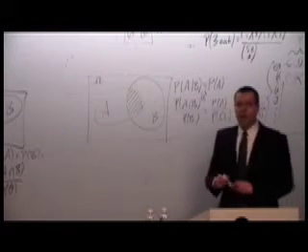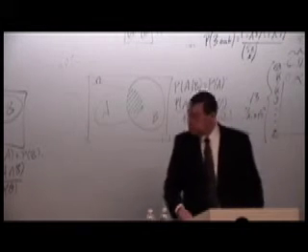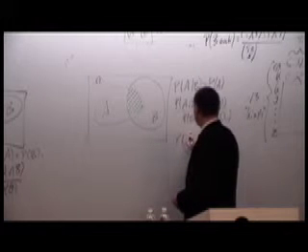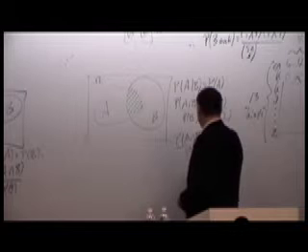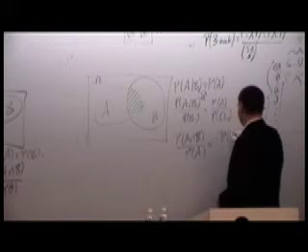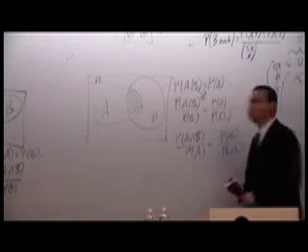Okay. But, and this is what makes it really painful, by the exact same argument, you also have that the probability of A and B divided by the probability of A has to be equal to the probability of B over the probability of omega.